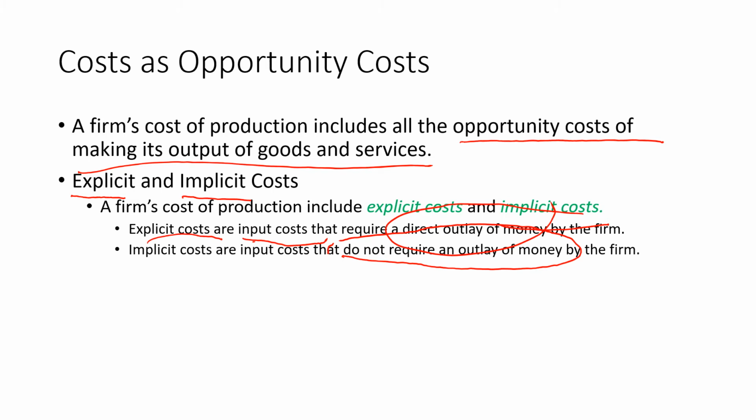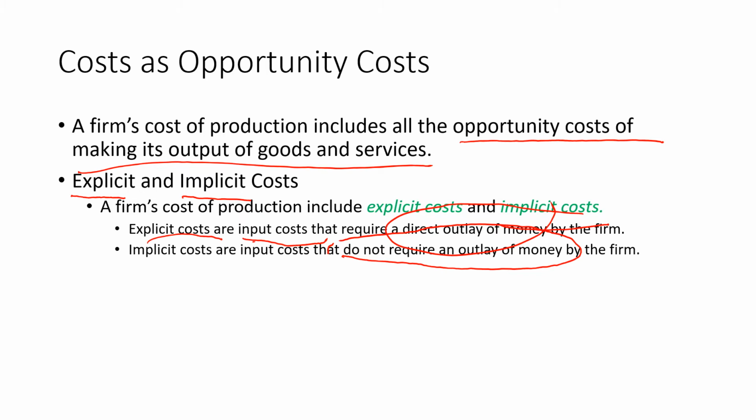Let's say there is a firm that is producing laptops, and for laptops they require input material, and they are paying for those inputs. They are also paying the wages, they are also paying the rents. So all these amounts are included in the explicit cost.